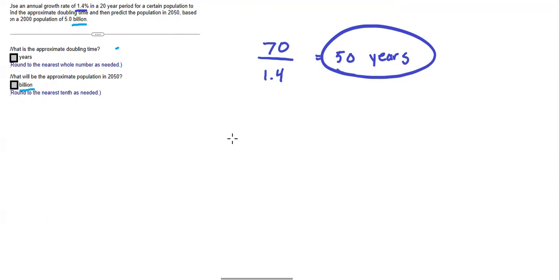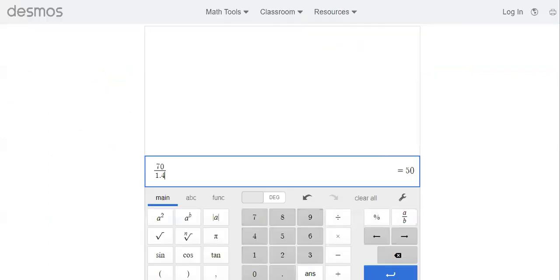Because those two match, I'm not going to freak out too much about changing 5 billion into an actual 5 with a bunch of zeros after it. So I'm just going to leave it as a 5. If this had not said the word billion, then yes, I would have written out 5 billion as a string of numbers. Okay, so let's go back to the notes for our formula.